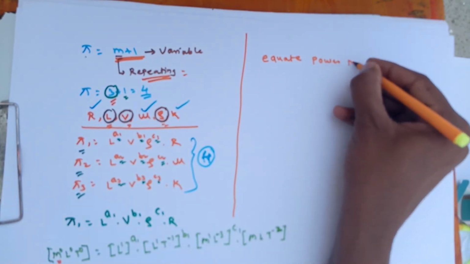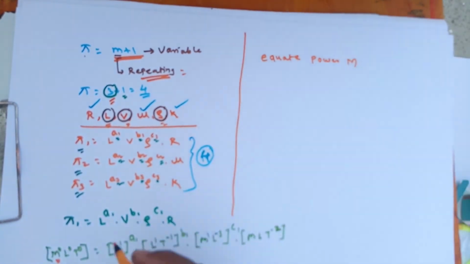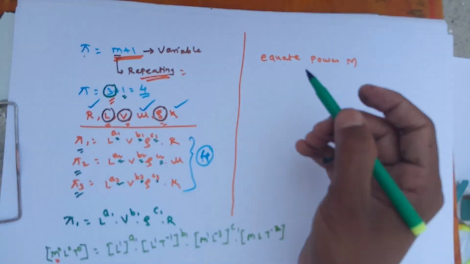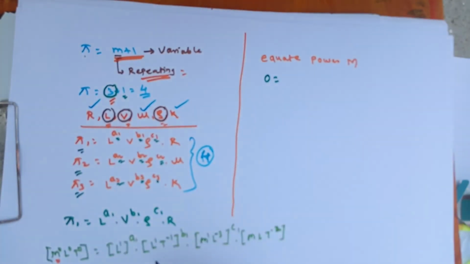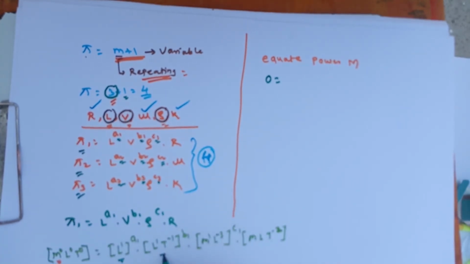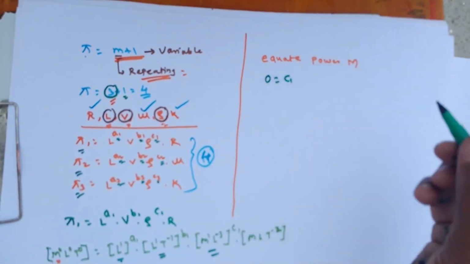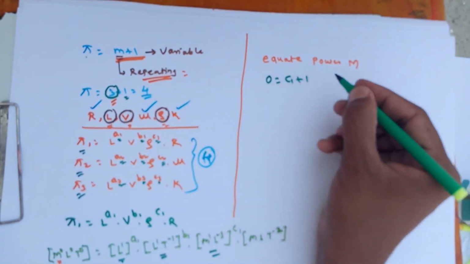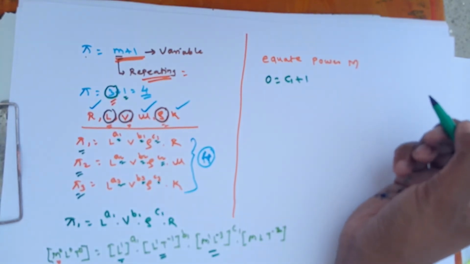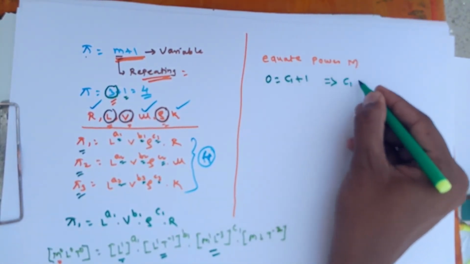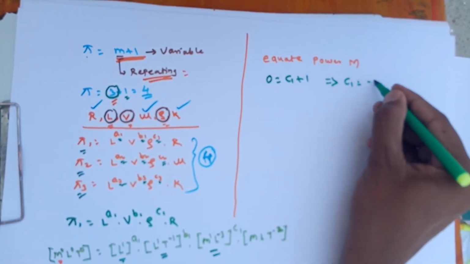The power of m on the left hand side is equal to 0. So 0 is equal to, here the m term is not available, here also the m term is not available, here the m term is available, raised to 1 raised to c1, that means c1. Here m raised to 1 is available, so c1 plus 1 is equal to 0. Based on this I will get the value of c1 as minus 1.